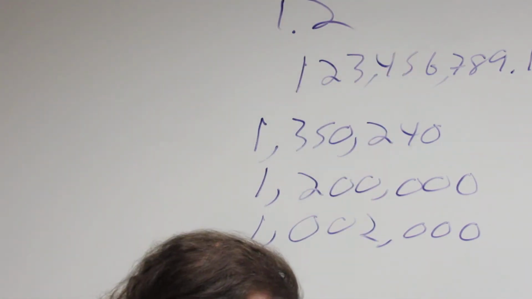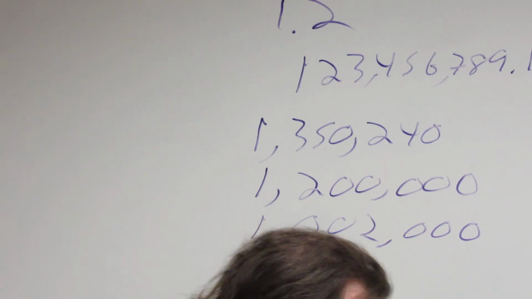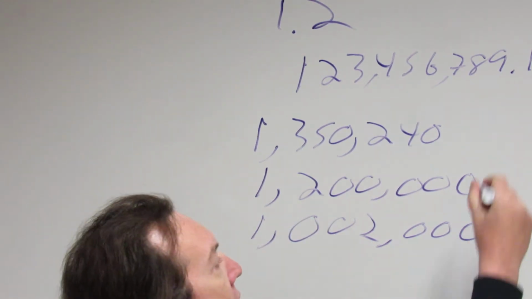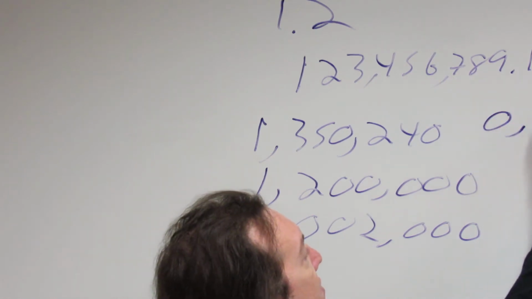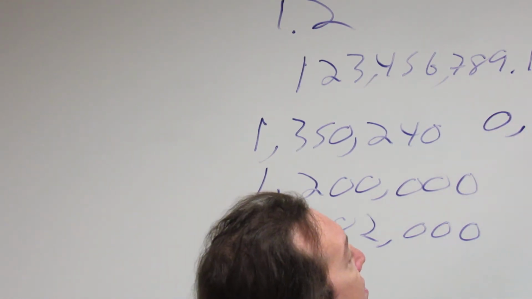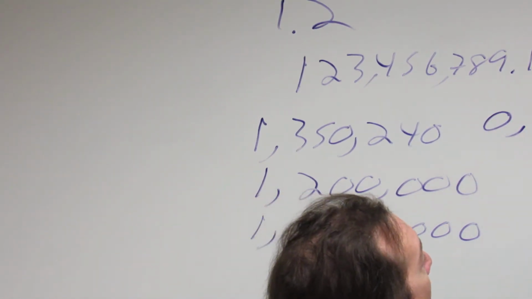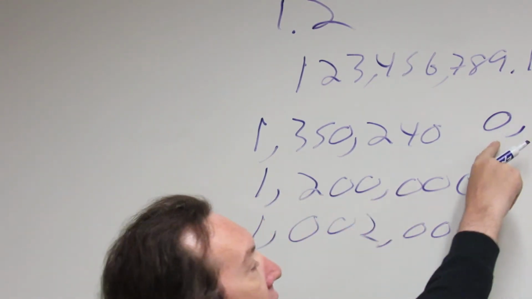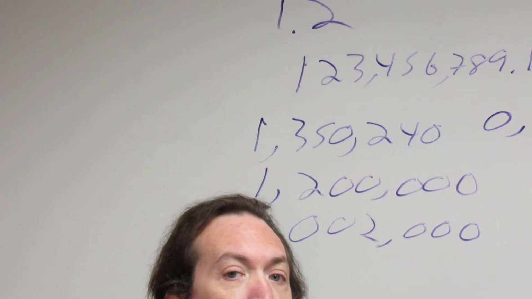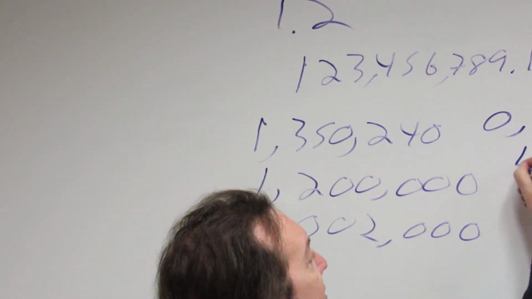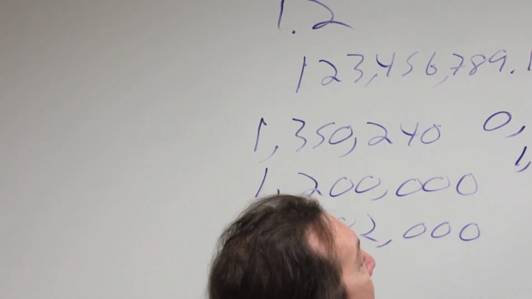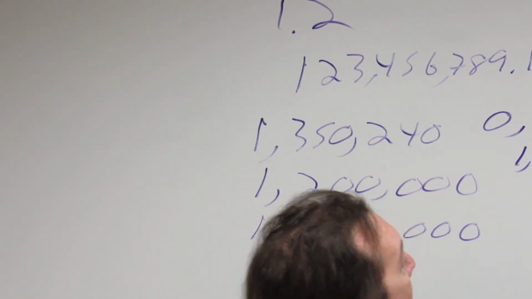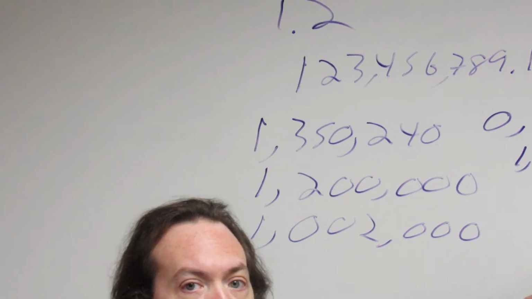1.2. For 1.3, I think it's also going to ask you about these: 0, 1, 2, 3, 4, 5, 6, 7, and on. If it includes 0, then it's going to be whole numbers. If it's just 1, 2, 3, 4, 5, 6, 7, and on, these are natural numbers.